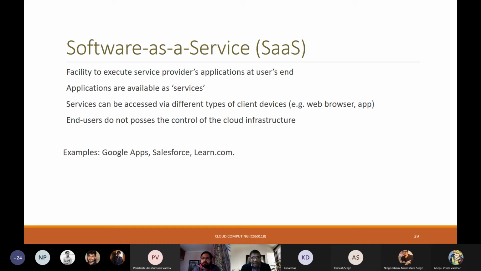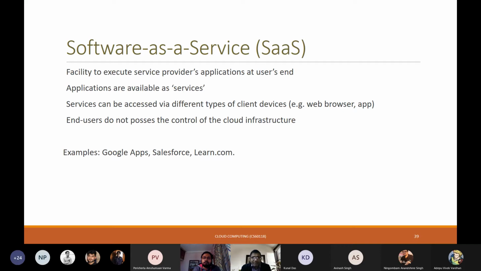If I told you about Gmail, and the different types of Google applications, Google apps, etc. These are all different types of software which are offered as services by the cloud service providers to the end users.